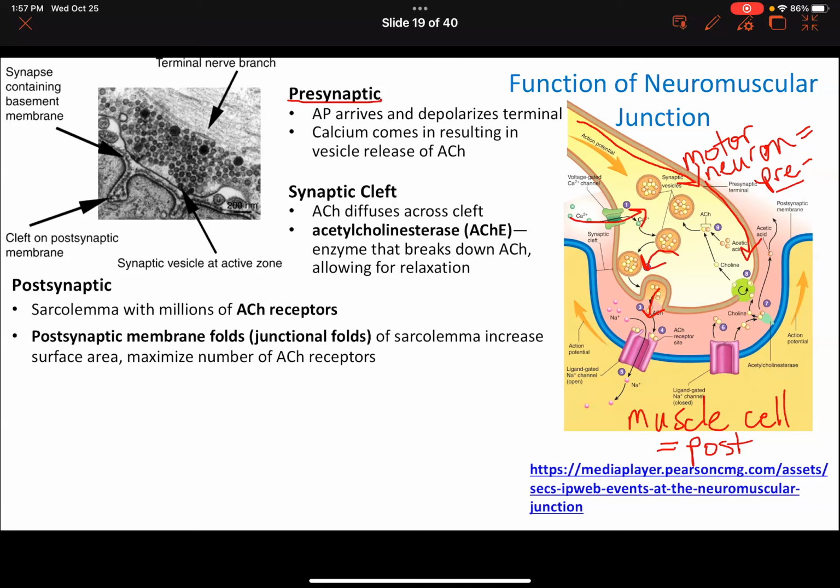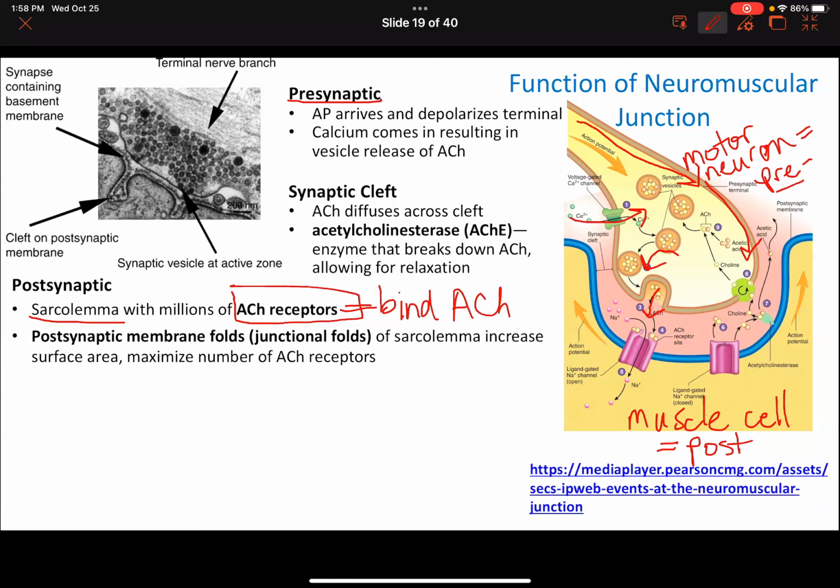And on the postsynaptic side, you've got the sarcolemma, which, remember, sarcolemma is the fancy muscle name for the muscle membrane, the muscle fiber membrane. And what the sarcolemma has is a lot of acetylcholine receptors. These are ligand-gated receptors that will bind acetylcholine. So if you remember when we were talking about the different types of transporters on a cell membrane, this is one type.